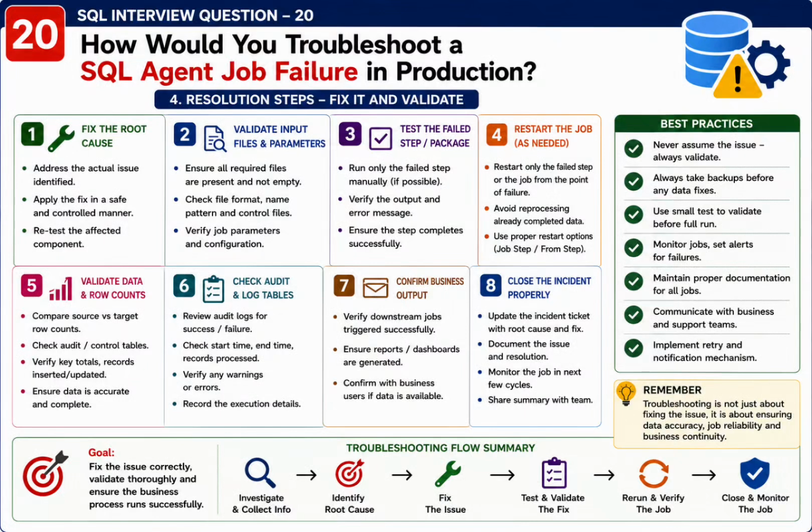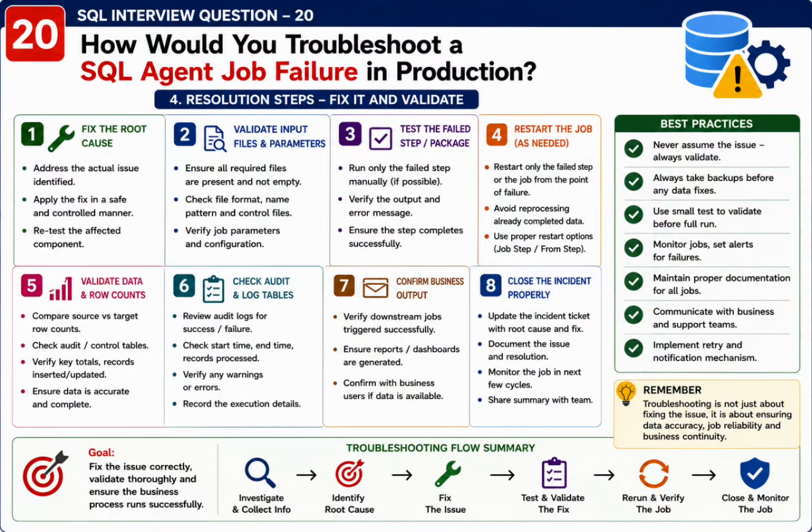Next, we verify that the downstream jobs, reports and dashboards have completed successfully. Finally, we update the incident ticket with the root cause, the solution implemented, and the preventive actions taken. A production incident is not complete until the business confirms that everything is working correctly.